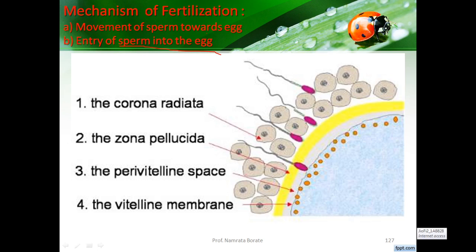According to this theory, the egg or ovum secretes a chemical called fertilizin. This fertilizin is a glycoprotein composed of monosaccharides and amino acids. The sperm head surface contains a protein substance called anti-fertilizin, which consists of amino acids.